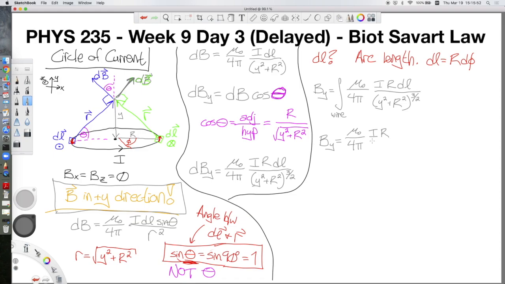And so is y. The value of y is going to be the same no matter which chunk of the wire we're considering. So all of that is constant and can be pulled out of the integral, and we're left with the integral of the whole wire of dl.